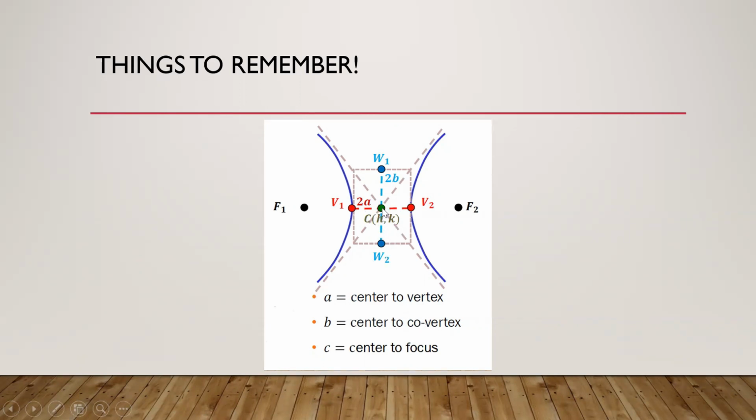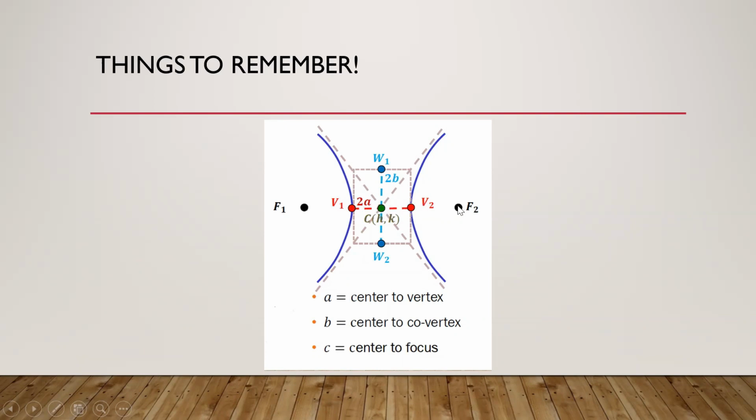So this is B, and this is also B. As for our C, it is the measurement from the center to a focus. On the other side, that's also C.